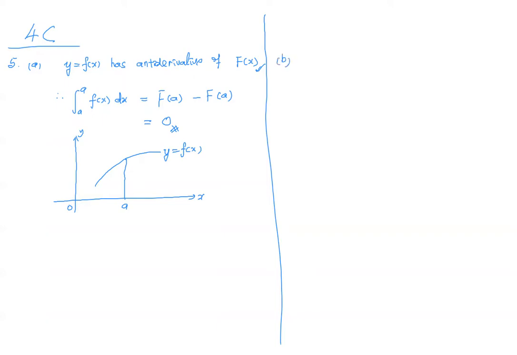Okay, for part B, where k is a constant, explain the result graphically. So how am I going to explain the result graphically?